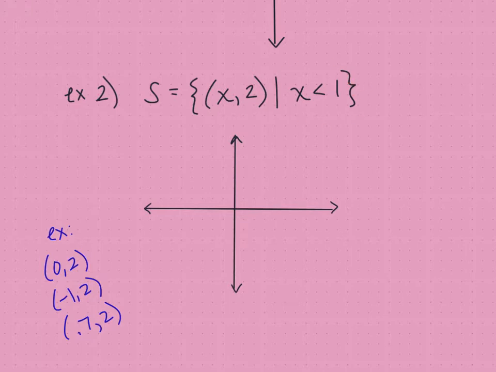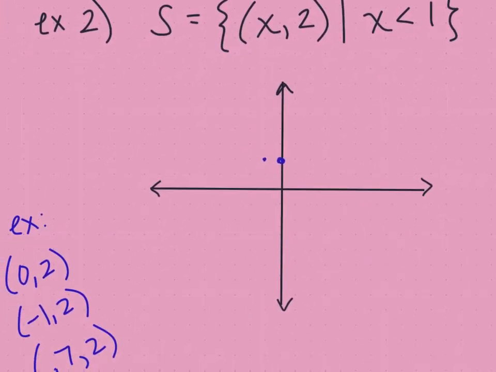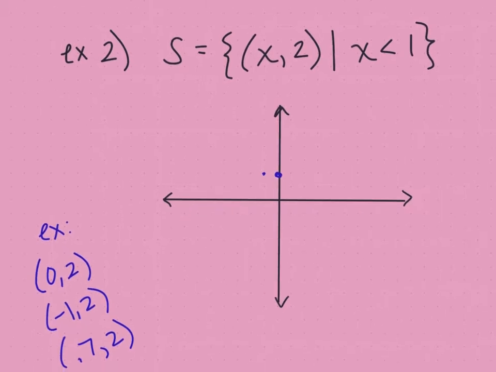So let's graph those. 0, 2 is right here. -1, 2. And I said 0.7, 2, which is pretty hard to graph, so I'm not going to get that specific. I can't get that close. But what I can do is realize that I have to be less than 1. So I can get really, really close to 1, but I can't quite hit it.